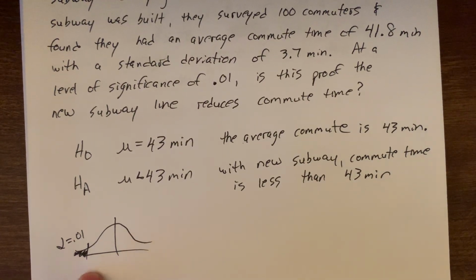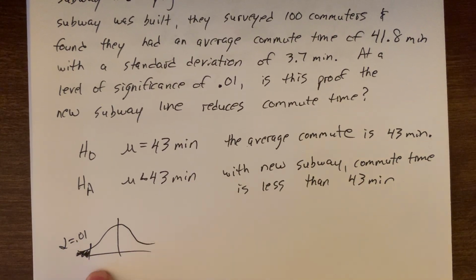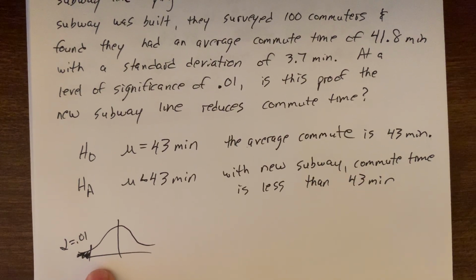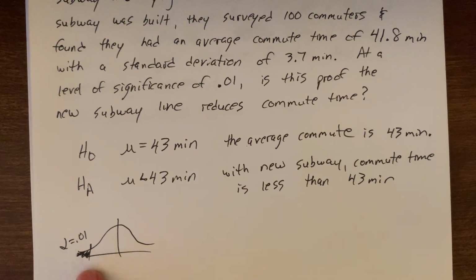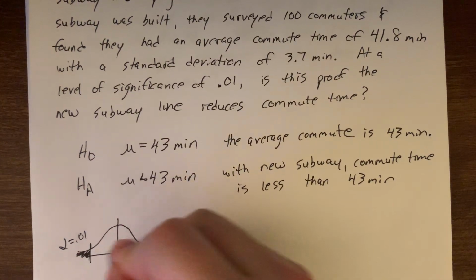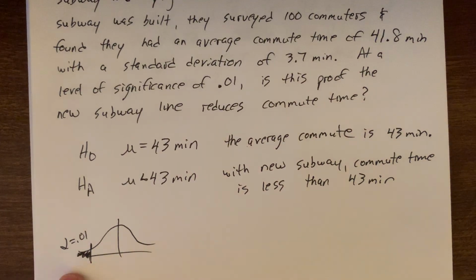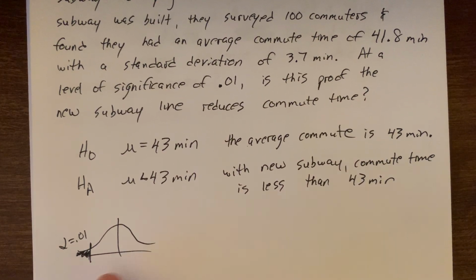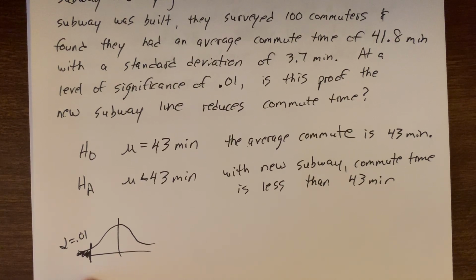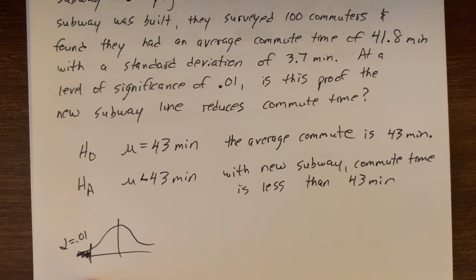But now I need to figure out Z or T. I've set up my critical region. The last part of step 2 is to now get the critical Z or T score that separates this region from the rest, the shaded region and the tail from the rest of the non-shaded. Well, I'm on the left side. It's definitely going to be a negative, but Z or T, all about the standard deviation.